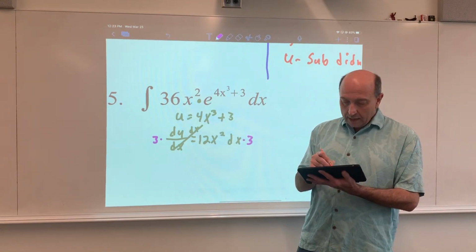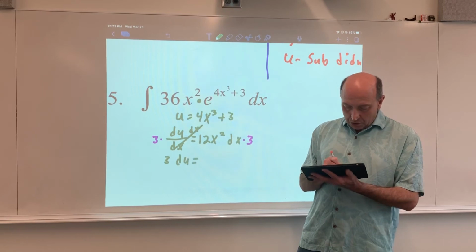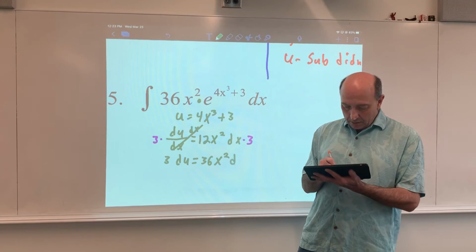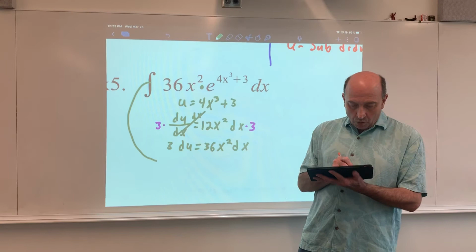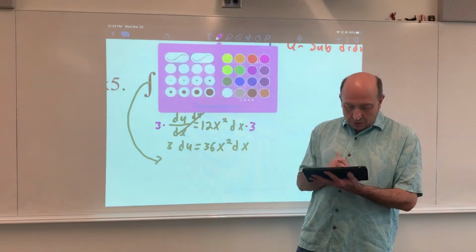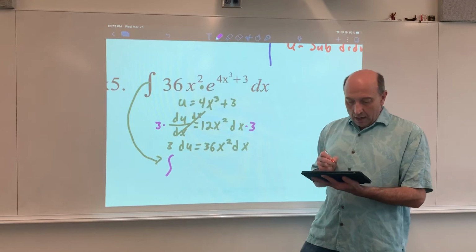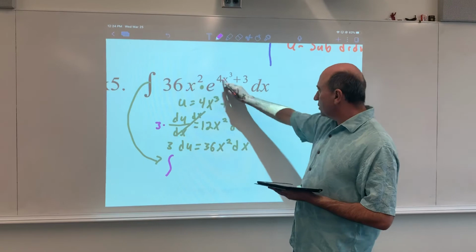So 3 du equals 36x squared dx. I believe we have done it. Now is where we can try to write this with u's. Let's try it, let's see if it works. Okay, write the u first. So 4x to the third plus 3, that's u.